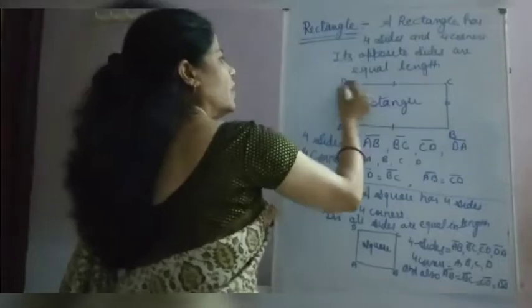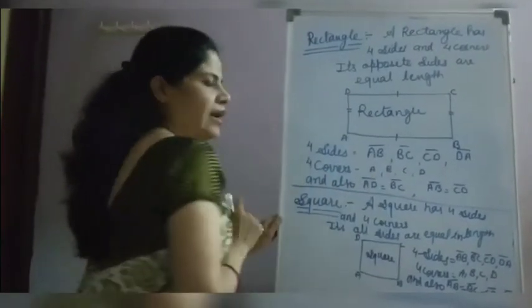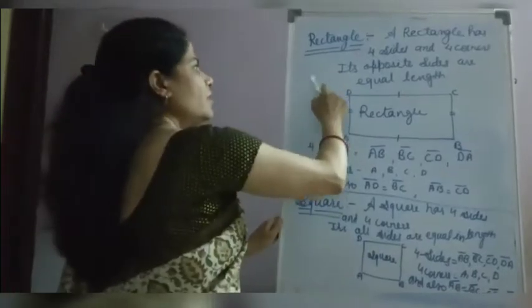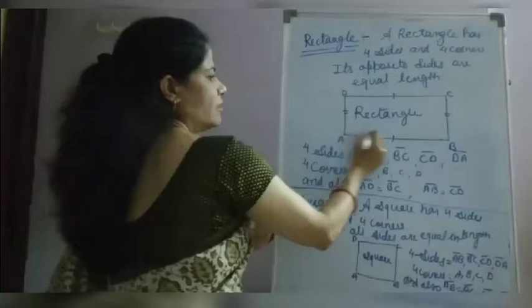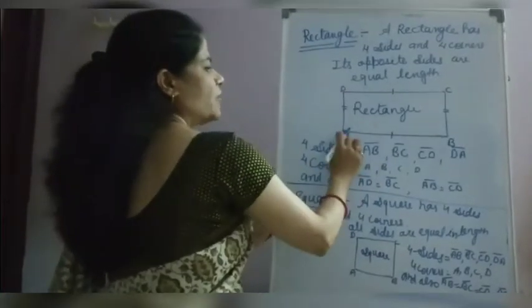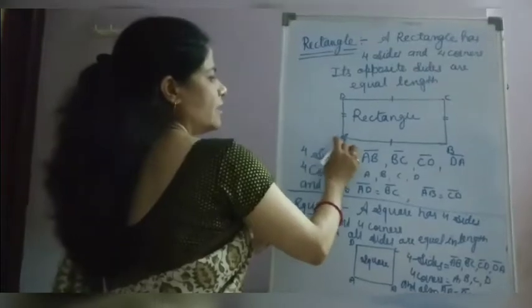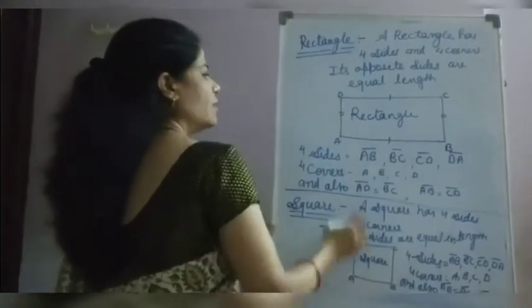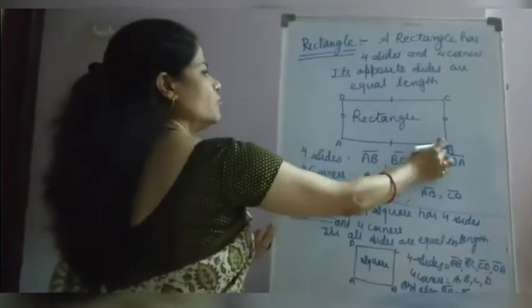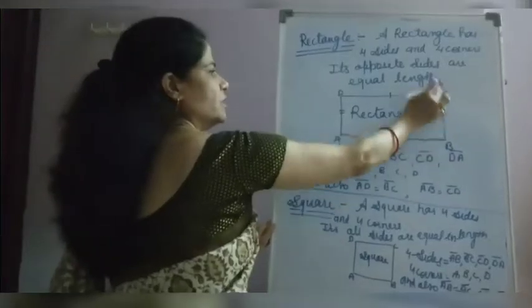So, a rectangle has 4 corners A, B, C, D and by the definition of a rectangle, its opposite sides are equal. See this side AB and the opposite side of AB is CD. So, in a rectangle, AB equals CD, and AD equals BC because the opposite side of AD is BC.